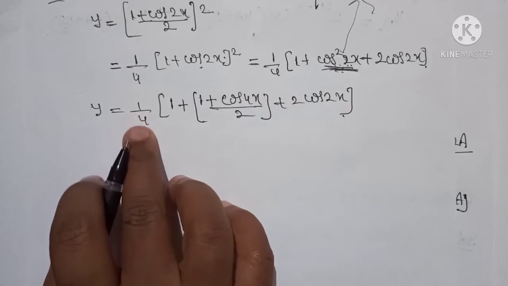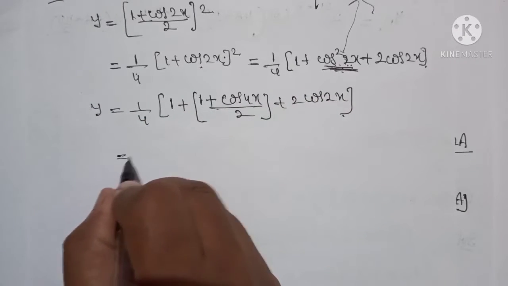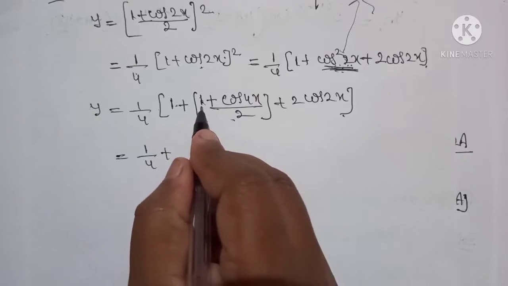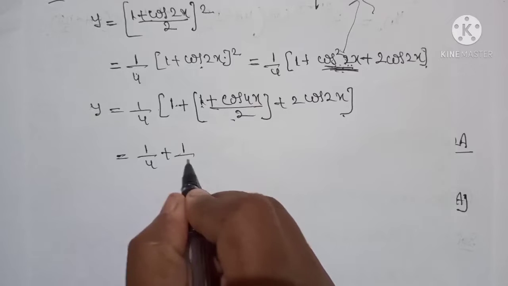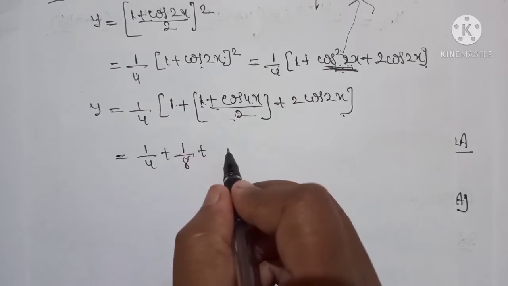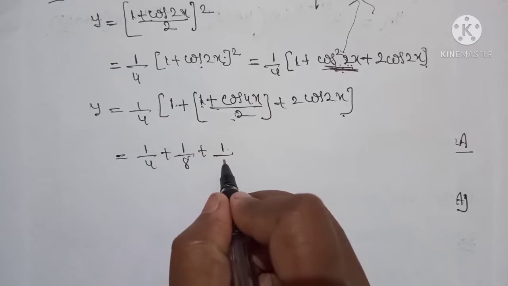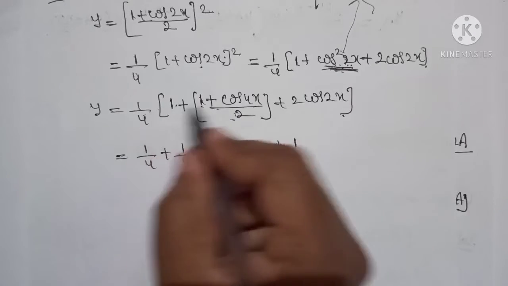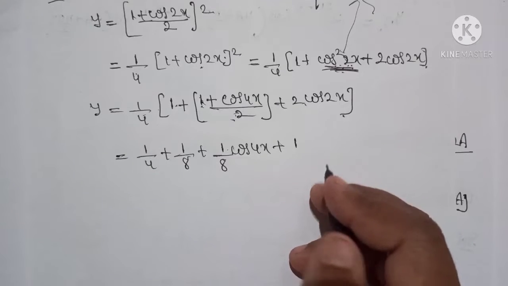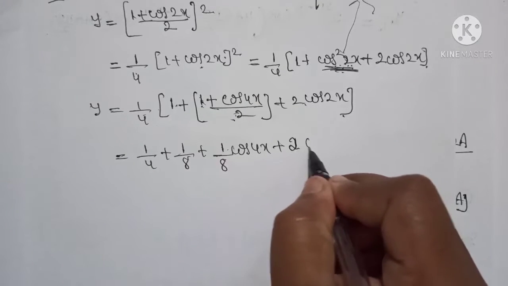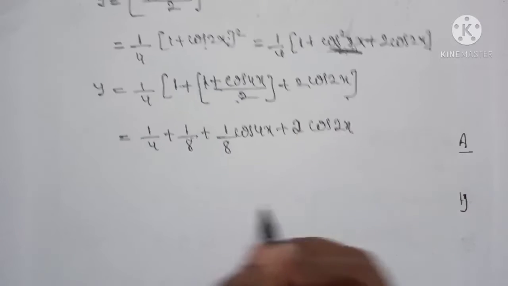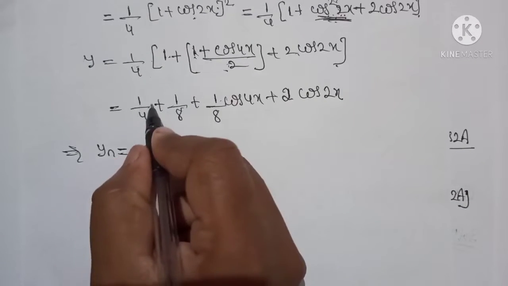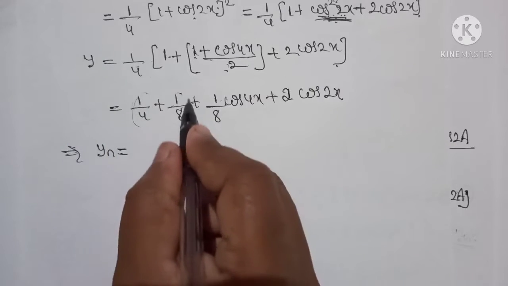Now multiplying the 1 by 4 into the whole bracket, we get 1 by 4 plus 1 by 2 into 1 by 4 equals 1 by 8, plus again 1 by 2 into 1 by 4 is 1 by 8 cos 4x, plus 2 into 1 by 4 equals 1 by 2 cos 2x. Now applying the nth derivative, the nth derivative of a constant is 0. These two are constants.